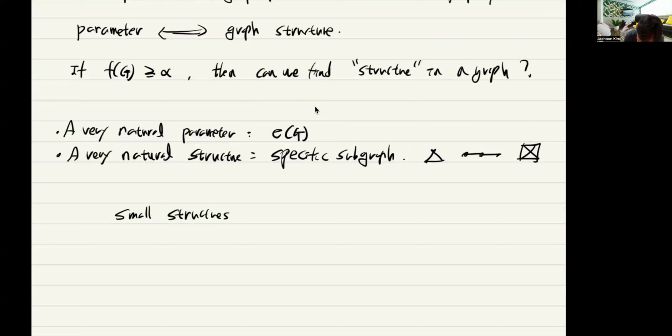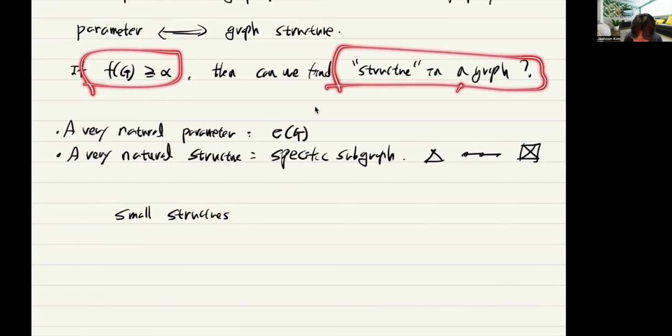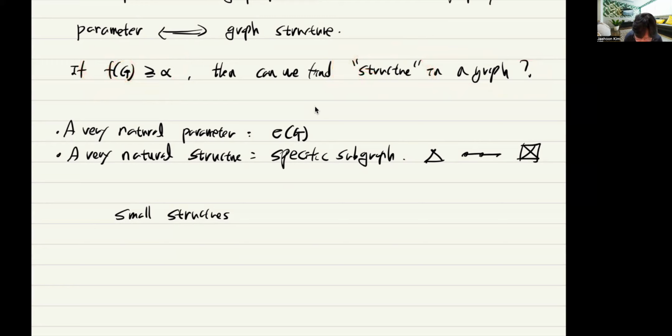So as I mentioned, in extremal graph theory, when you have a graph, if it satisfies certain parameter or certain condition, can you find a certain structure in the graph? And this structure could be very small compared to this G. For example, we may assume that this G has n vertices, and that n is arbitrary, and then you are only looking for this triangle, which consists of 3 vertices. Then this structure is small, and this graph is large.